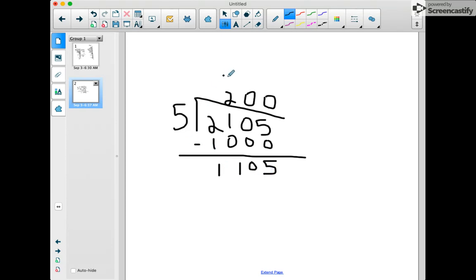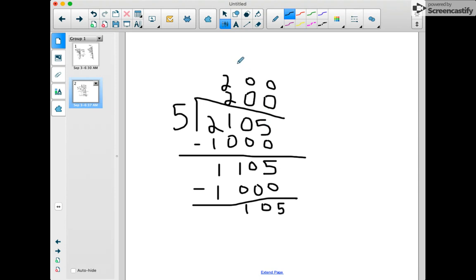So I'm going to write another 200 up here. Then 5 times 200 would give me the 1,000. Now I'm left with 105. So now I have to say how many times do I think 5 could fit into the 105?